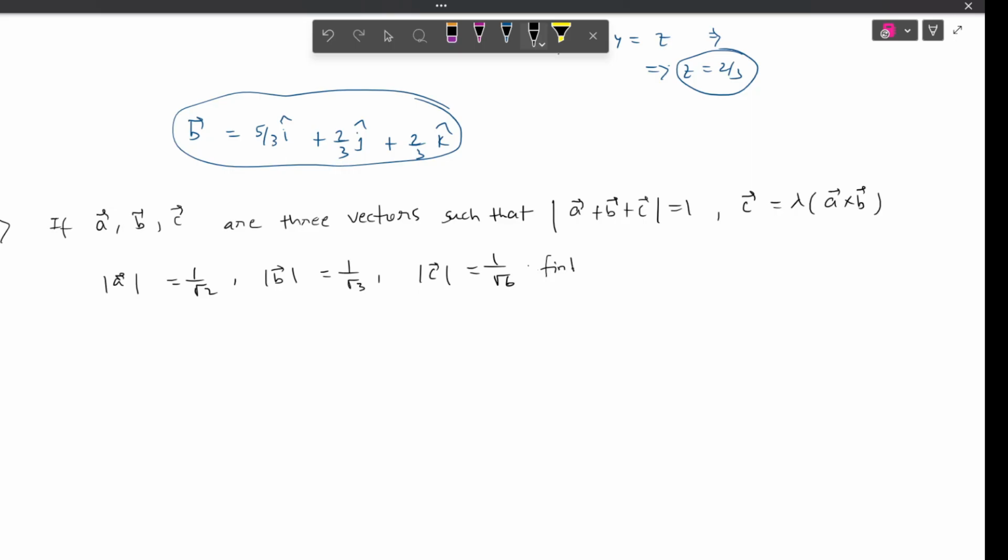Find the angle between A and B. This is the question.